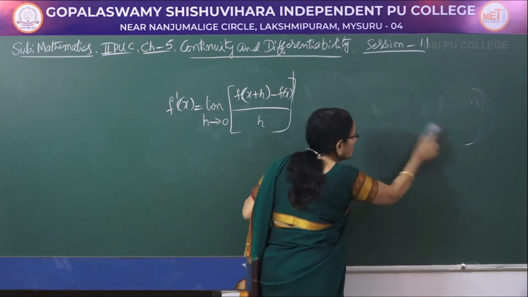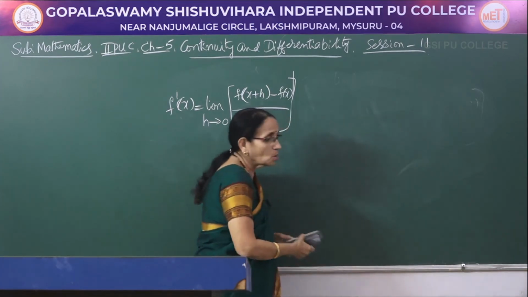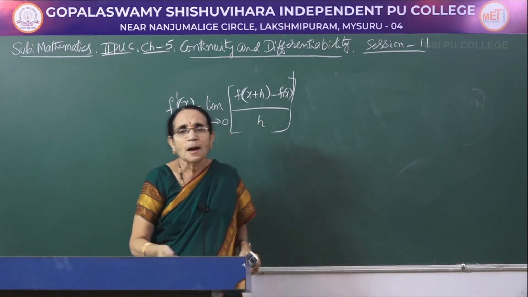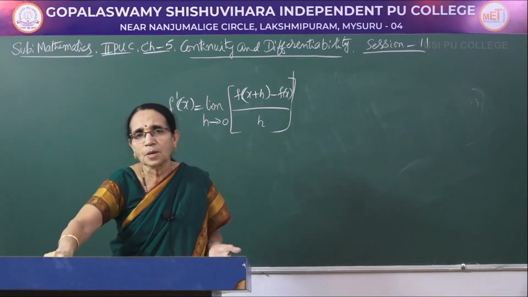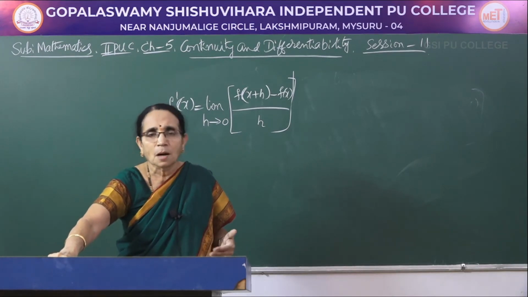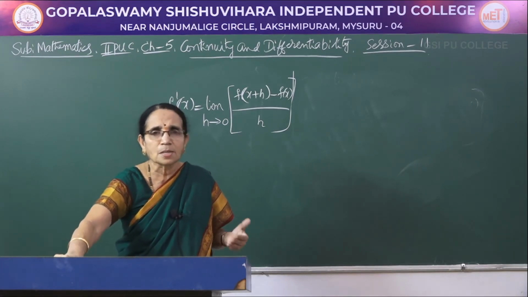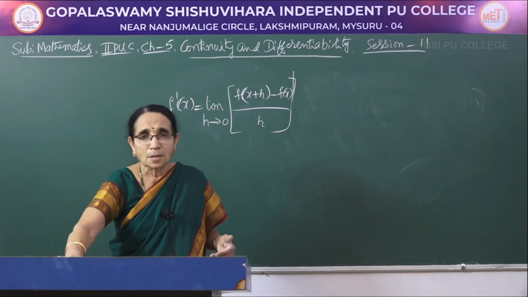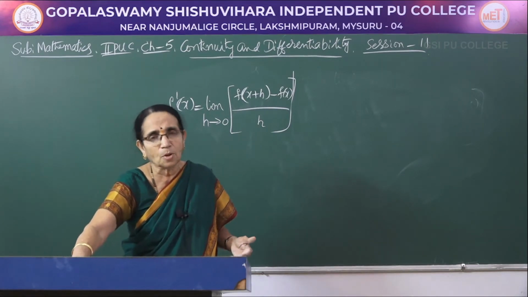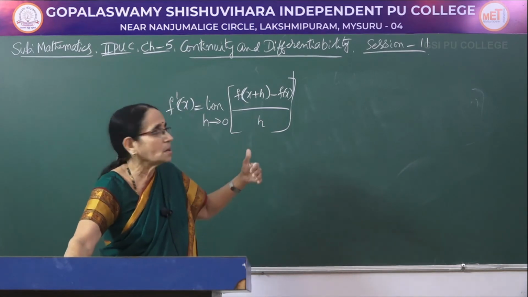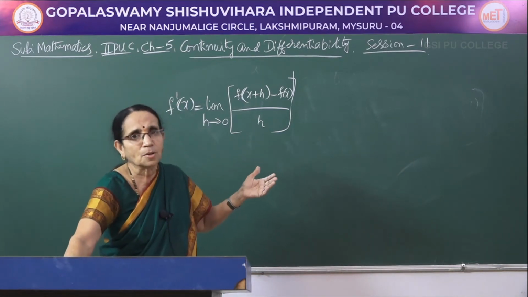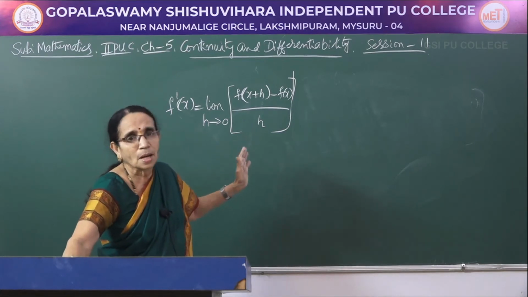In first year also you have learned some new limits which were not in first PUC, which I had given before I started continuity. So for an exponential function we use the exponential limit, logarithmic function the logarithmic limit, algebraic function the algebraic limit, and trigonometric function the trigonometric limit. Depending upon the function we are considering, we will use the respective standard limits to arrive at the limit of the right hand side.